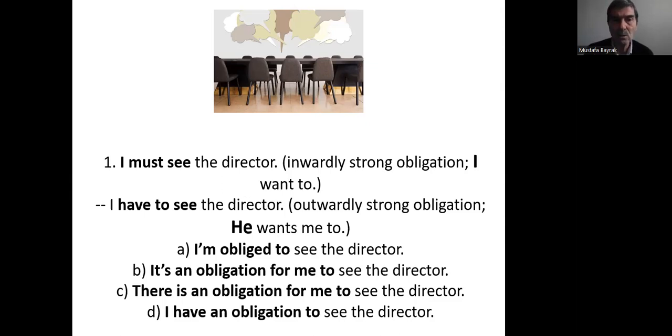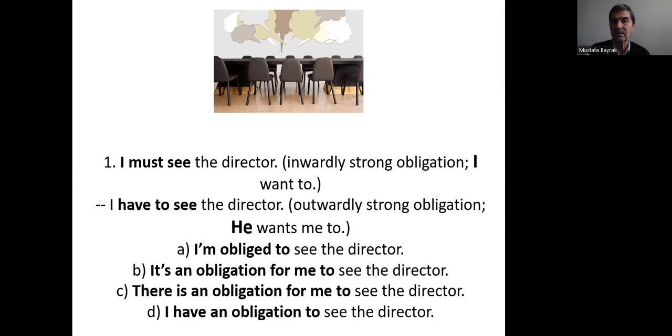Or A, B, we can express the same message. We can convey, we can communicate the same message by using these expressions, these phrases. For example, A: I am obliged to see the director.